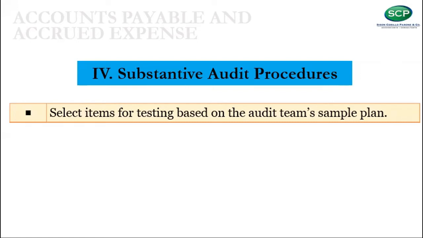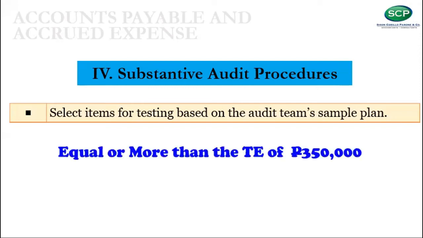For this particular case, let's assume that the audit team sample plan is to examine high-value items and, when necessary, select samples from the rest of the population. The high-value items that were identified by the team were those balances that are equal to or more than the TE amount of 350,000 pesos.